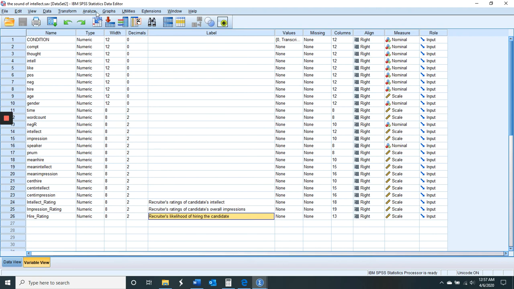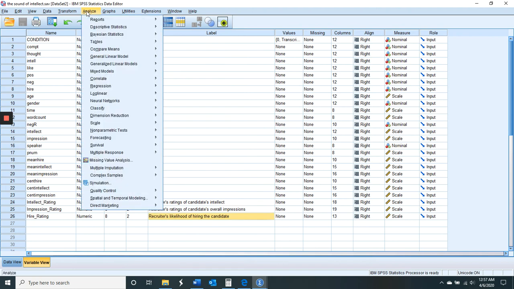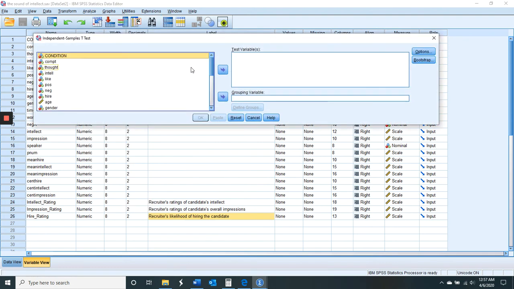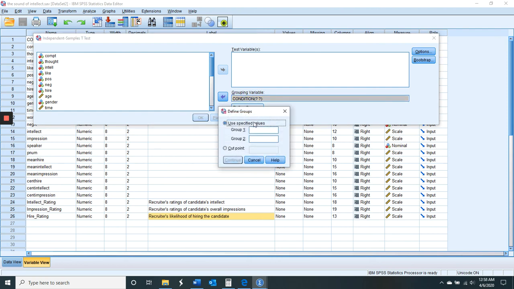I'm going to run these 3 t-tests all together. So remember, analyze, compare means, independent samples t-test. Remember, the tricky thing is this grouping. So condition is the group. So we want 1 minus 2. The idea of the researchers was that the audio condition would lead to higher ratings versus the transcript condition.